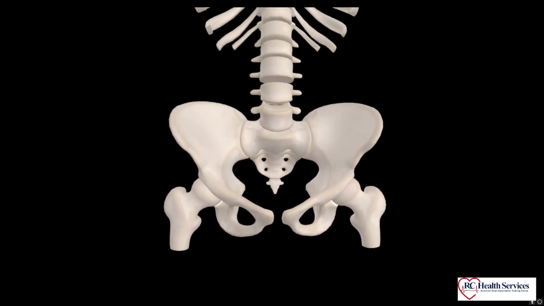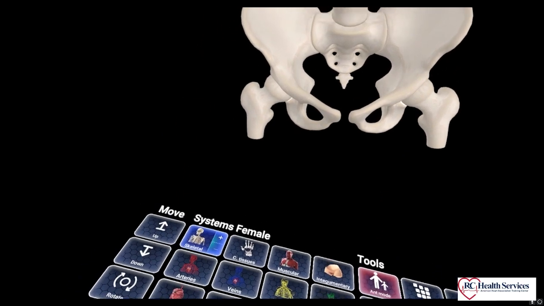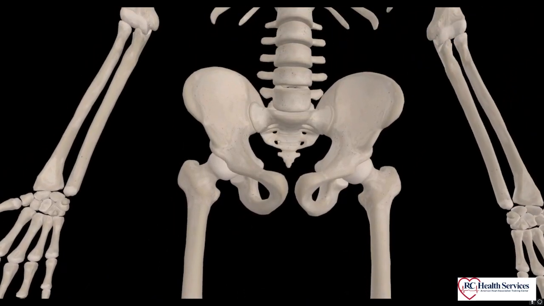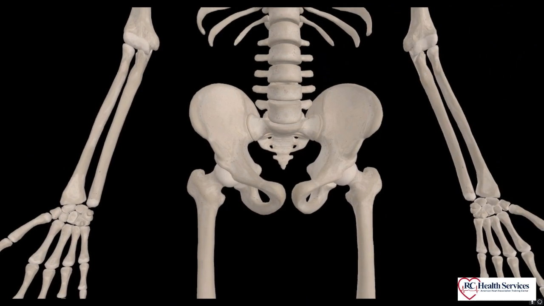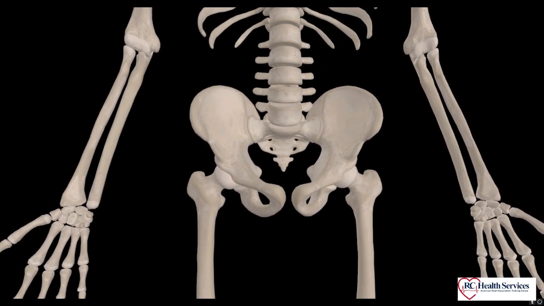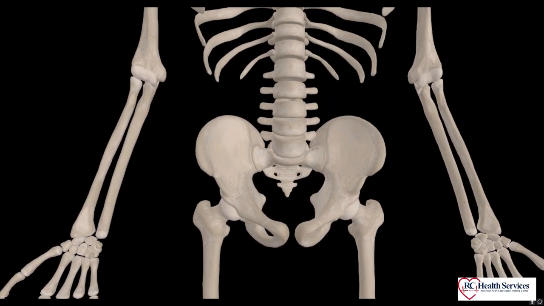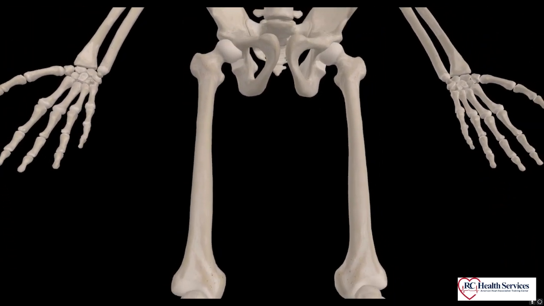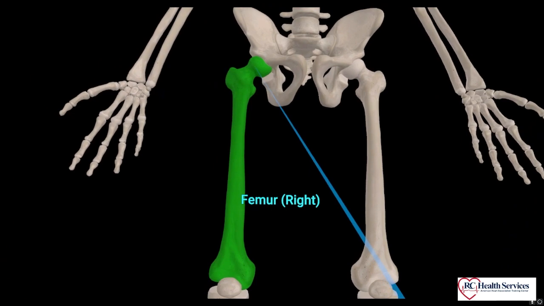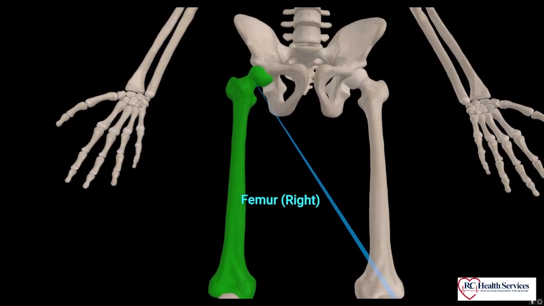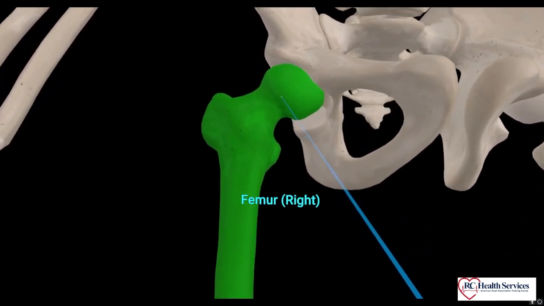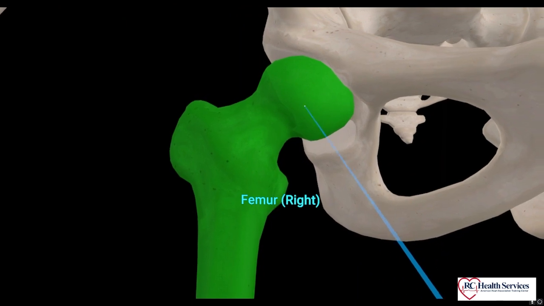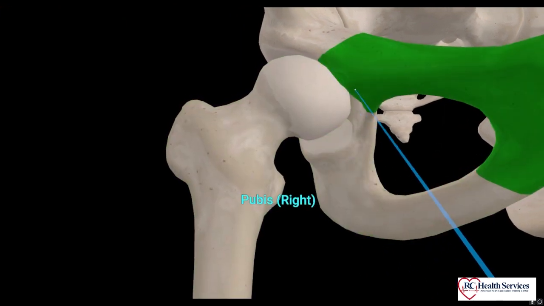We can move back to the male skeleton. Moving downward, we have the femurs. The very top of the femur, that little neck and ball, is called the greater trochanter, and that socket is called the acetabulum.